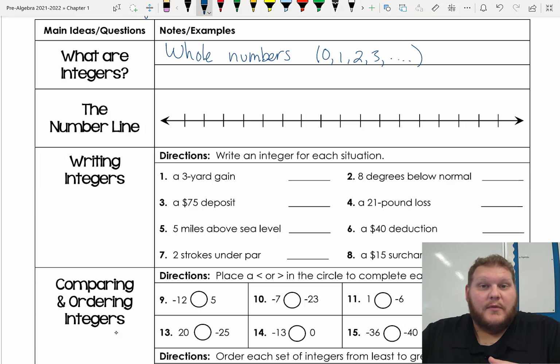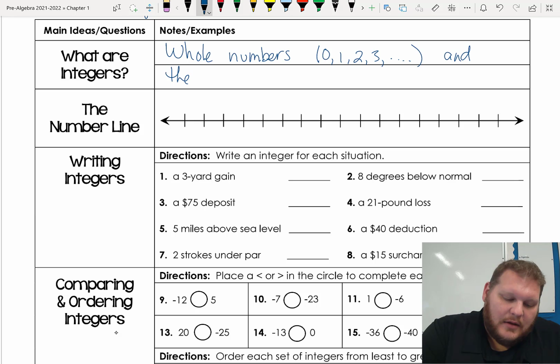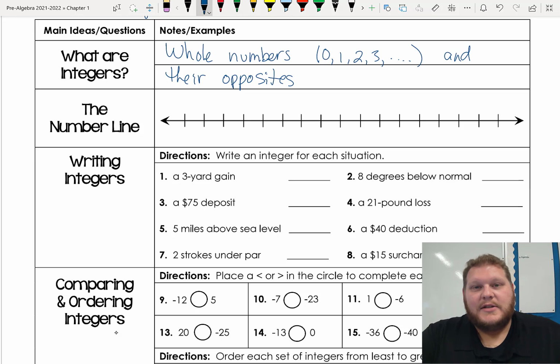So integers are made up of those and their opposites. So integers could be positive numbers, they could be negative numbers, or they could be 0. But they're whole numbers. There's no fractions, there's no decimals to them. It's just a single digit, or I guess as soon as you hit double digits, but you get the idea.